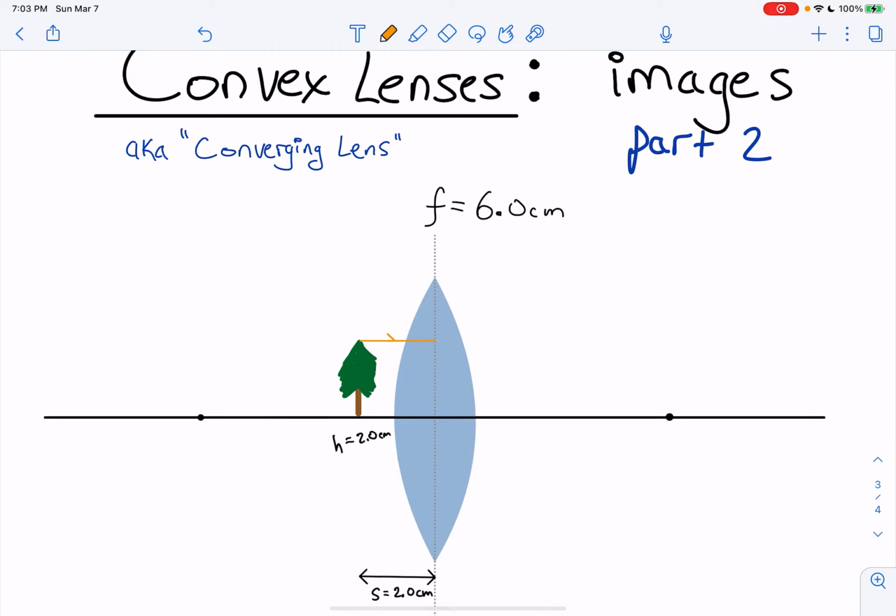And so again, as we've seen before, it's going to then be refracted such that it travels through the focal point. All right, and the next one that we can easily draw is from the top straight through the middle of the lens so that it doesn't actually change trajectory.